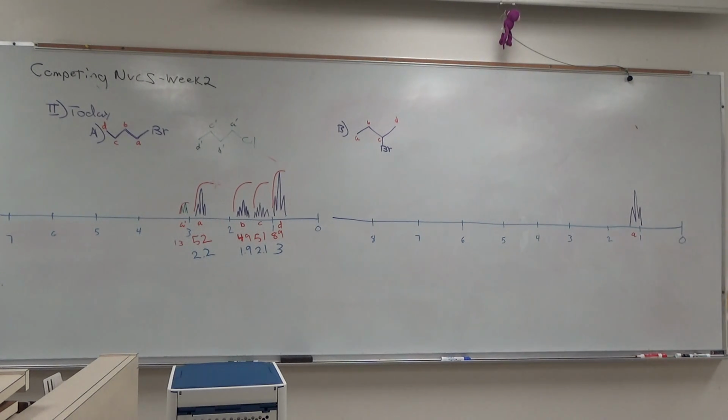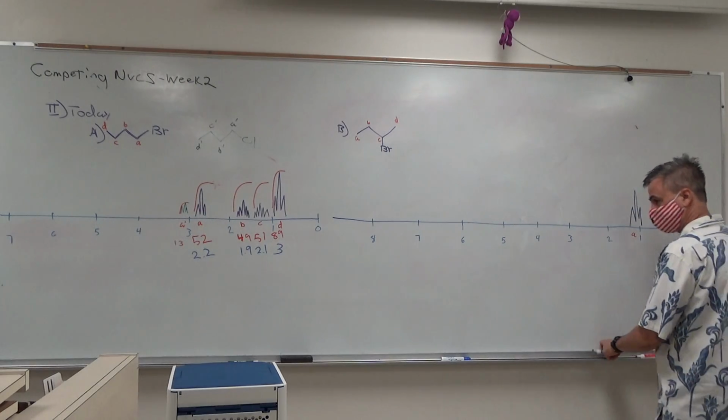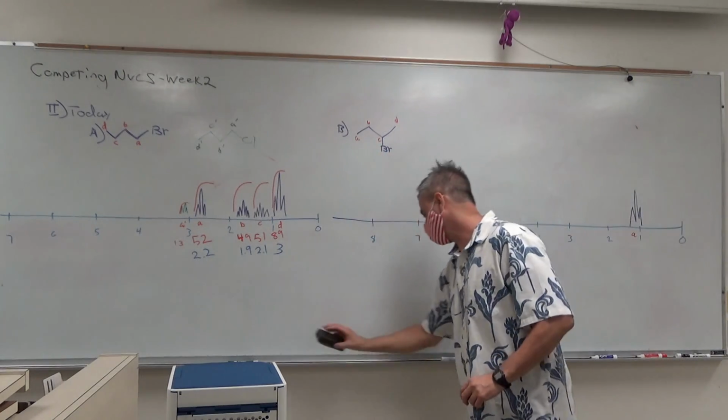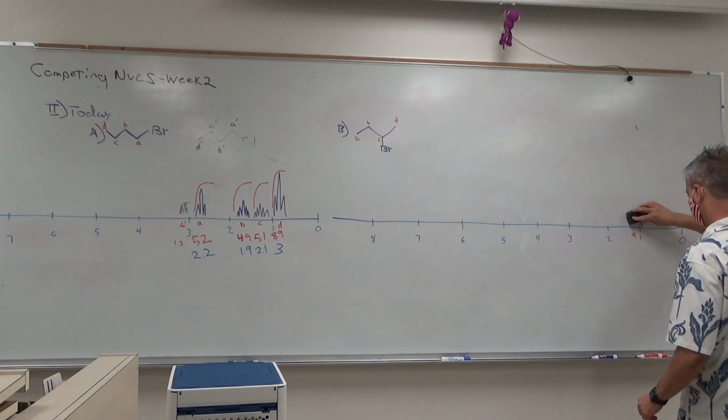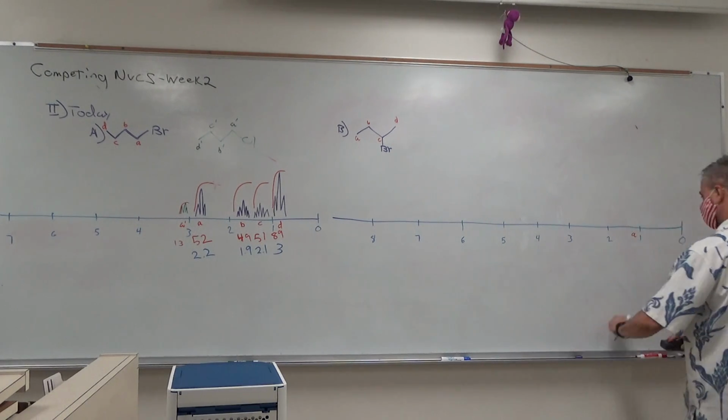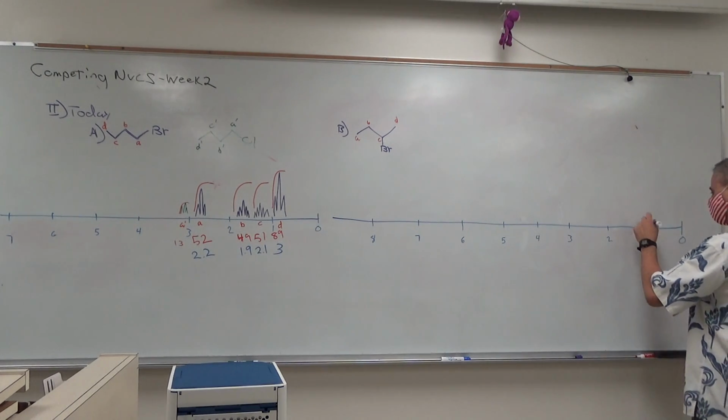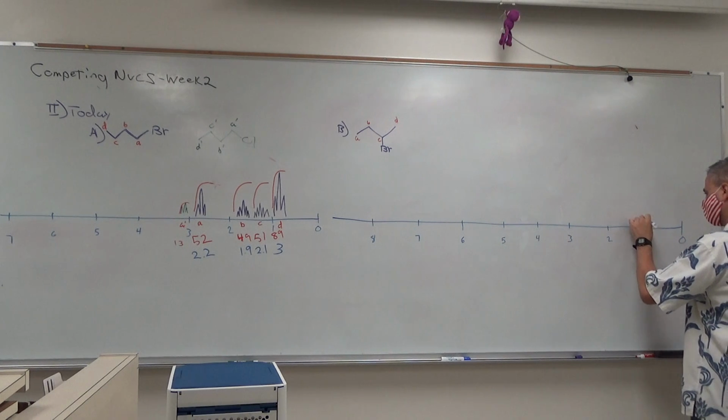Okay, B. What would we expect the multiplicity, or where would we expect B? We'd expect B to be somewhere between, and you know what I like? This is really too far away, and it's kind of in my way of my tiny spectrum. So I'm going to move him. He ain't going to be down there.